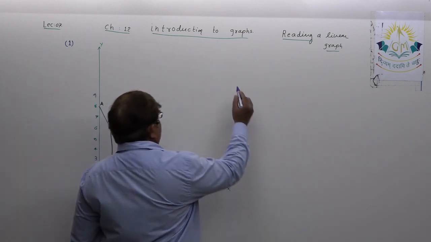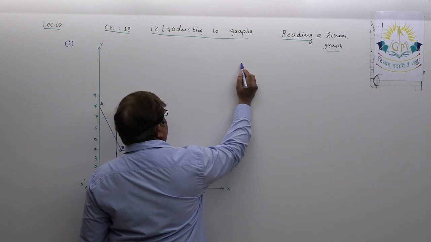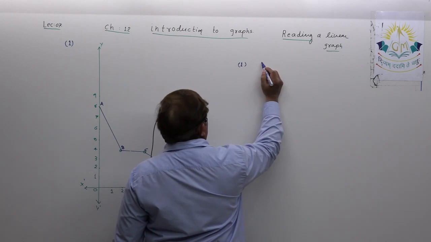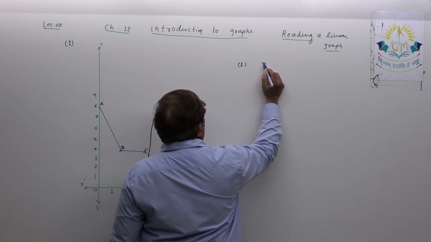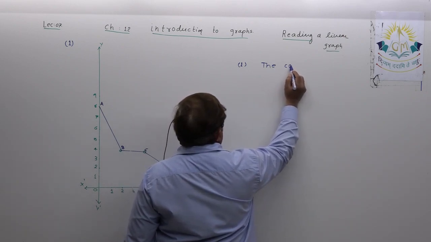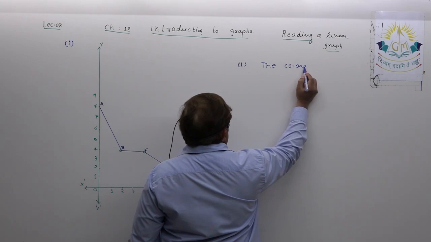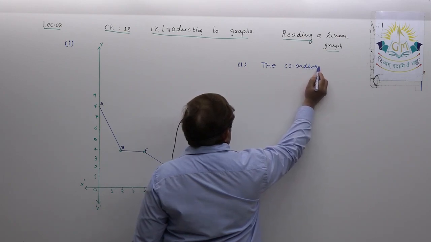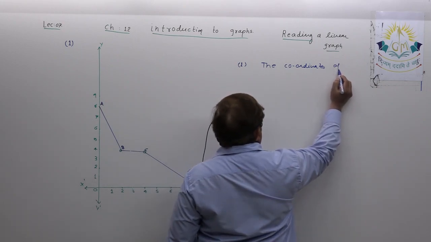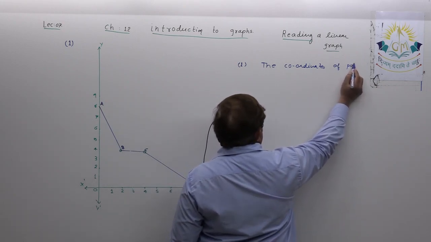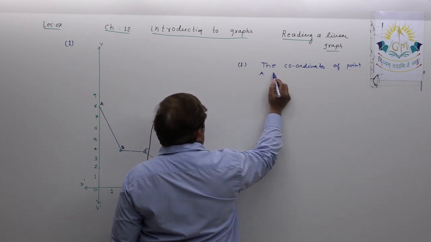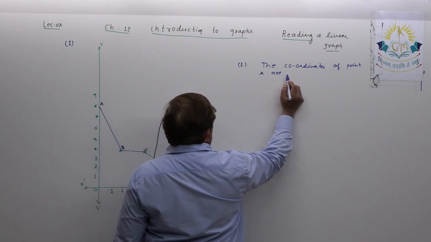And the first question, please write this down on the opposite page. Write down with me, this is the first question: coordinates of point A are dash.